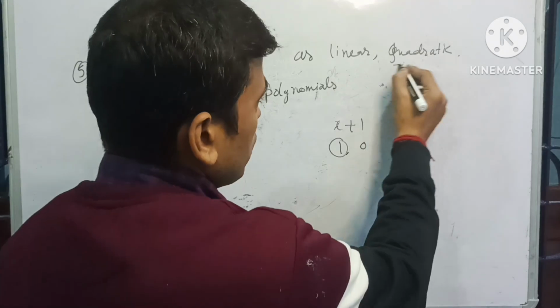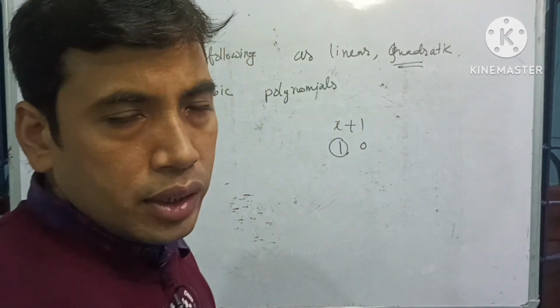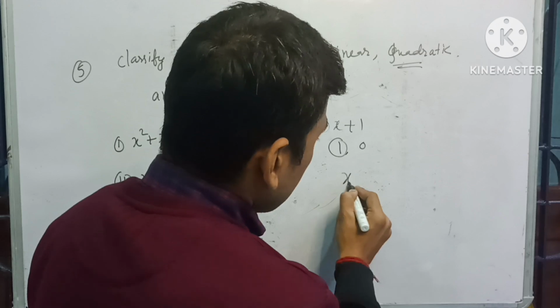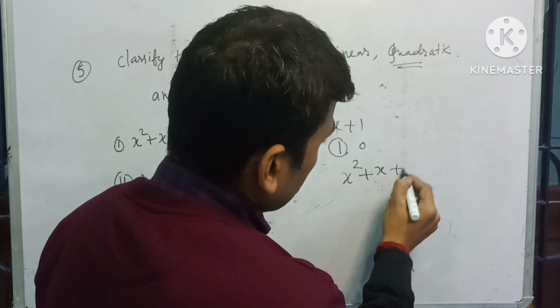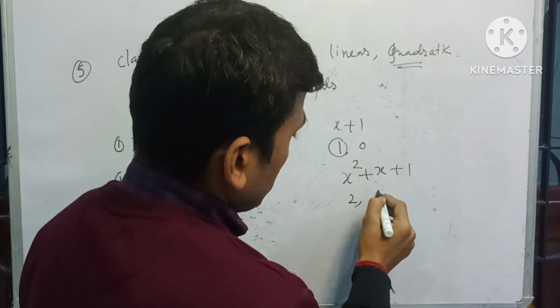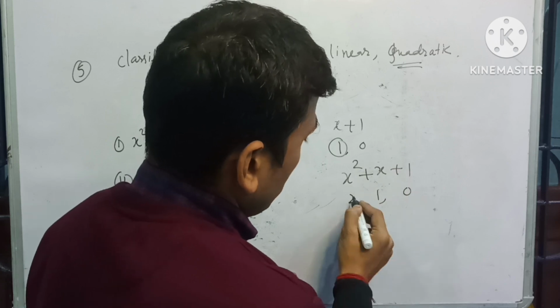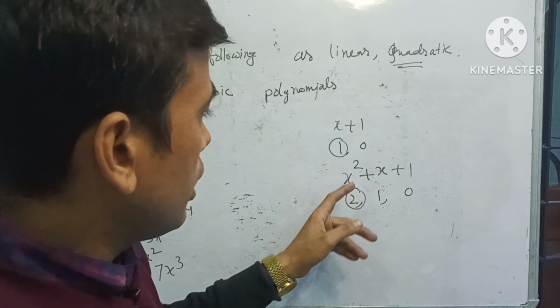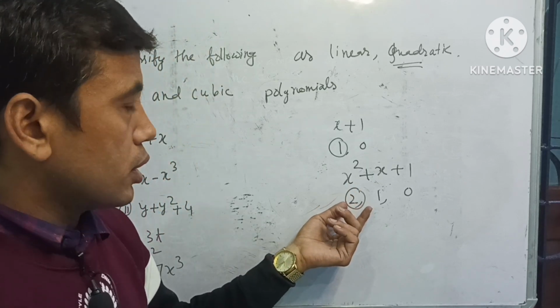And quadratic polynomial means polynomials of degree 2. That means x squared plus x plus 1. Here the exponent is 2, here the exponent of the variable is 1, here 0. So 2 is the greatest exponent. So the degree is 2 and this is a quadratic polynomial.